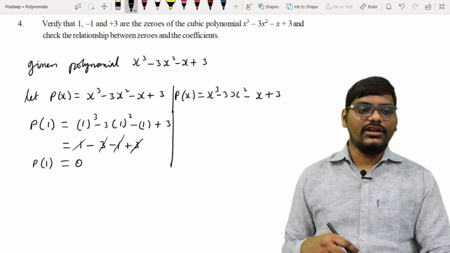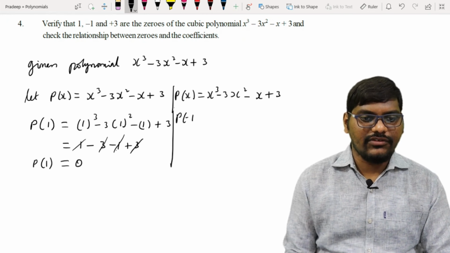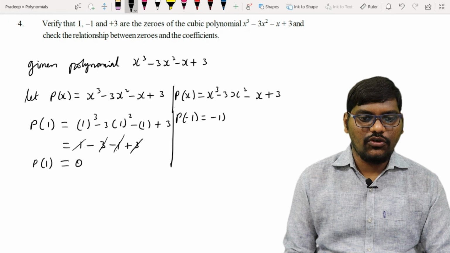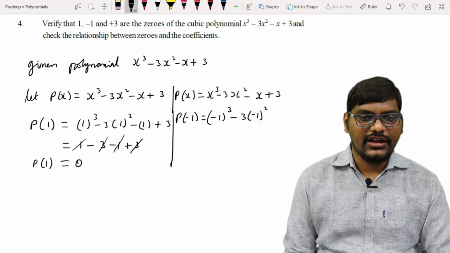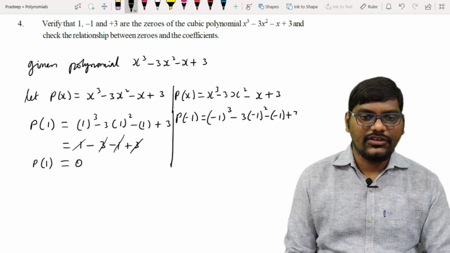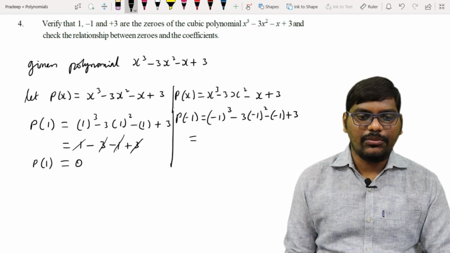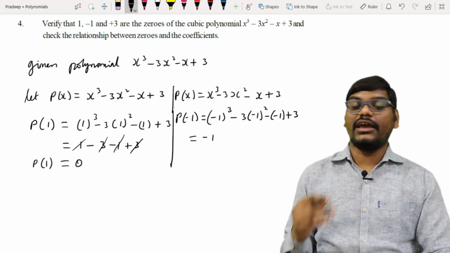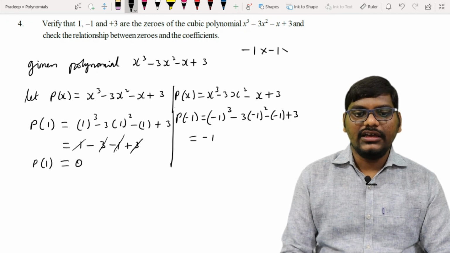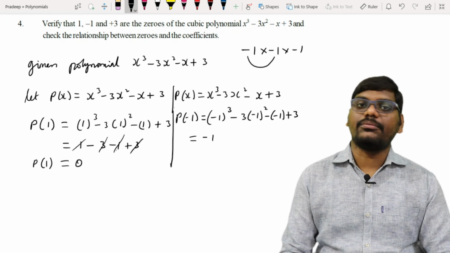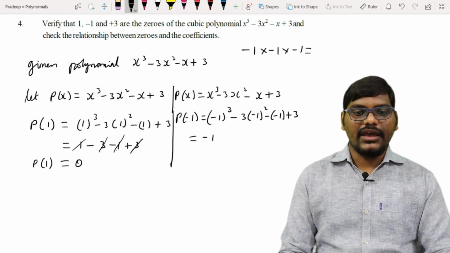Right, this is the expression wherein we will substitute the value, that is p of minus 1 we are taking. So minus 1 whole power 3 minus 3 into minus 1 whole square minus of minus 1 plus 3. Now minus 1 whole power 3 gives minus 1, because minus 1 into minus 1 is plus 1, and plus 1 into minus 1 becomes minus 1.